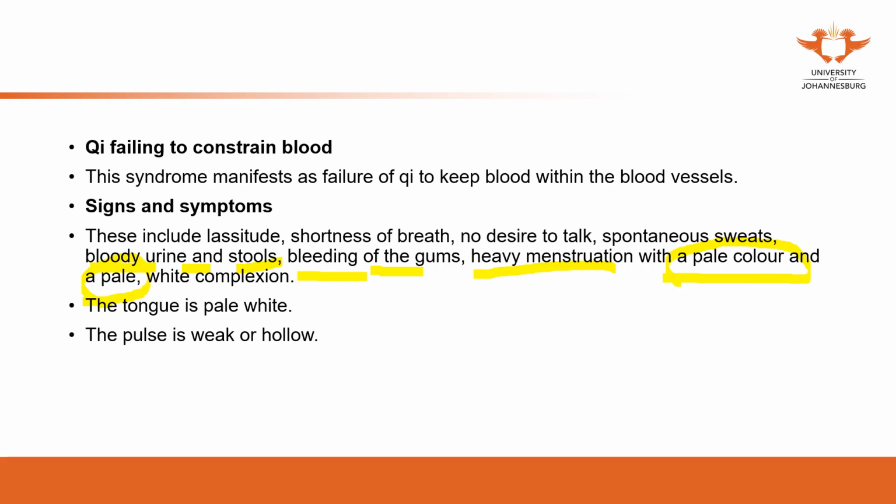So you see, heavy menstruation with dark red color with clots, or heavy menstruation with light red or pale color, that's a very different situation. With a pale or light red color, that's qi failing to constrain the blood. The patient also, in the meantime, presents with fatigue. All these are manifestations of qi deficiency.